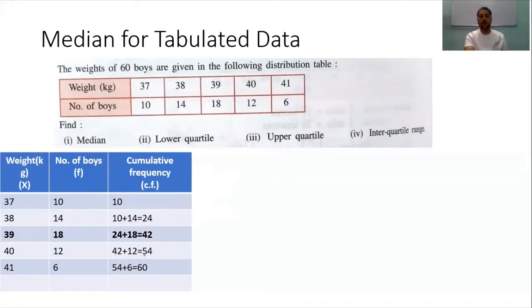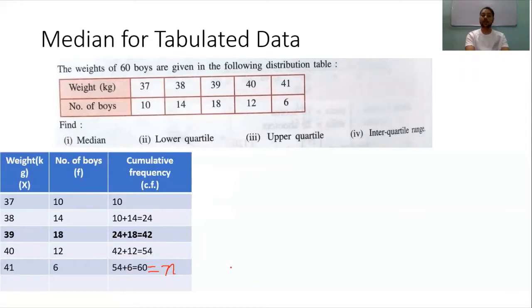Then 42 plus 12, 54. 54 plus 6 is equal to 60 here. So we have completed the cumulative frequency table here. Now check n here. This last term 60 will be your n.